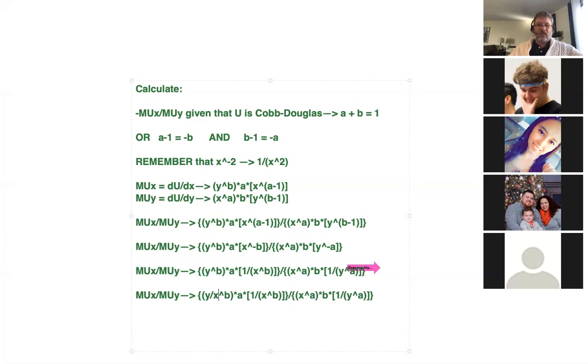And I'm going to change the parentheses around here a little bit. So check my algebra and see if I goofed up anywhere, which I'm pretty sure I didn't. I'm just rearranging things. Okay. And x divided by y.